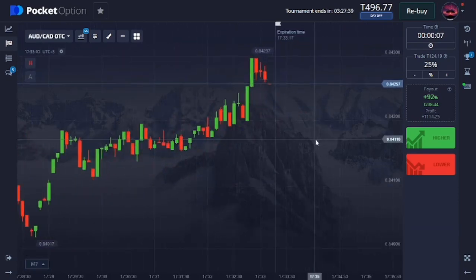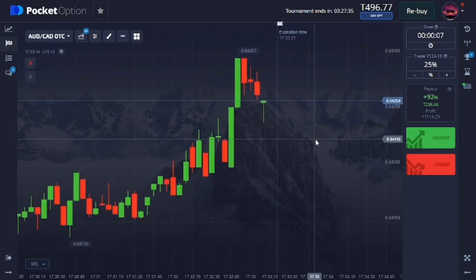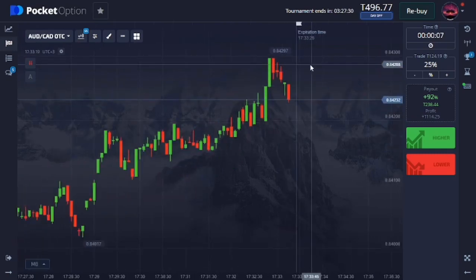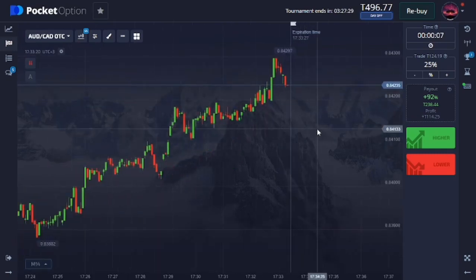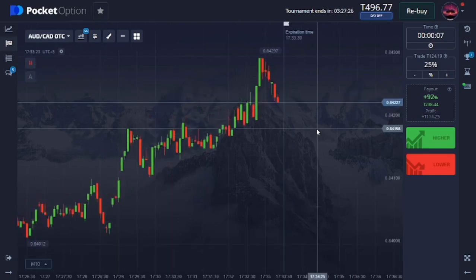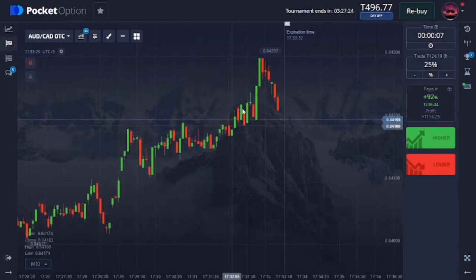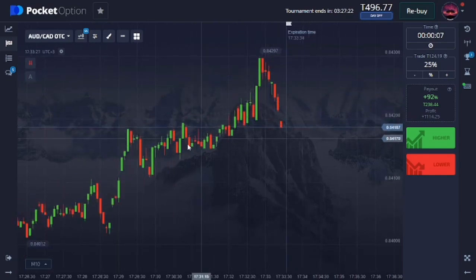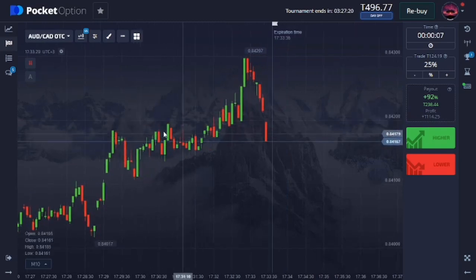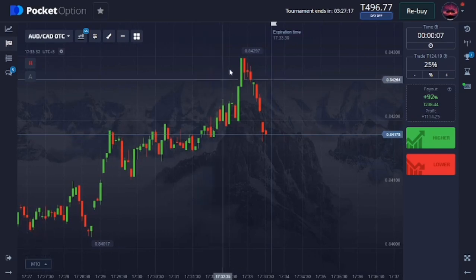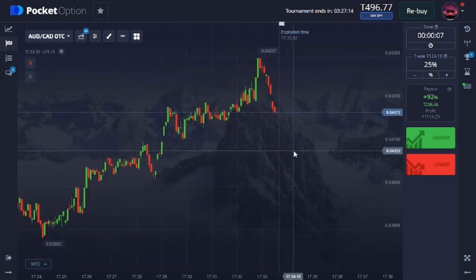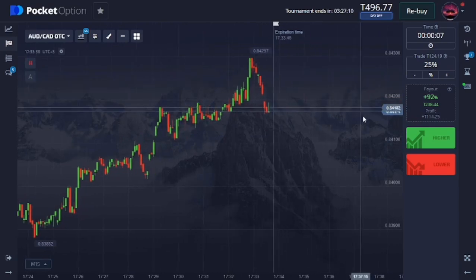Yes, okay. I think the price will not go any more to the upside, because it is forming some kind of head and shoulders. If you can visualize it, this one is the left shoulder, and it is trying to form the right shoulder right here.